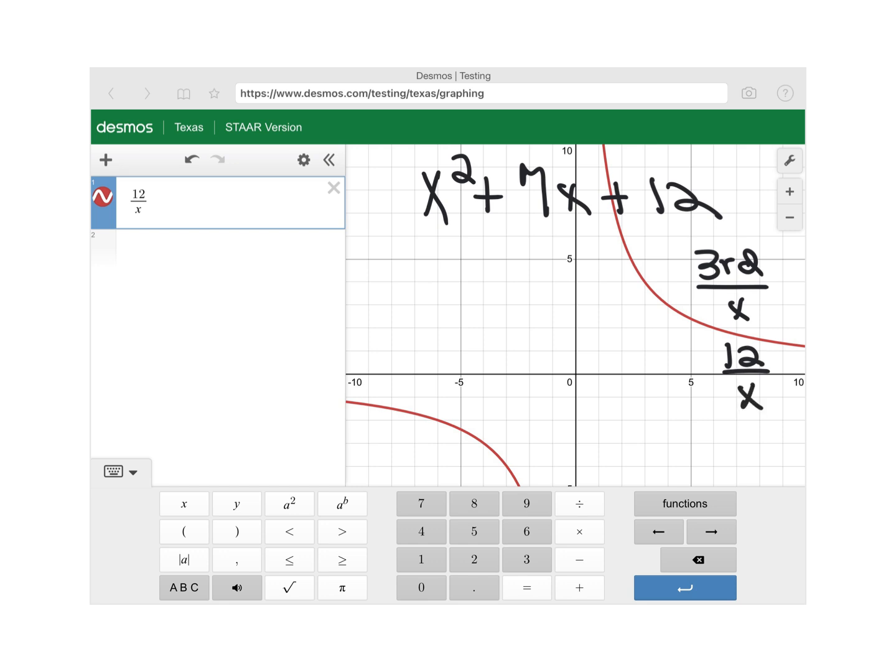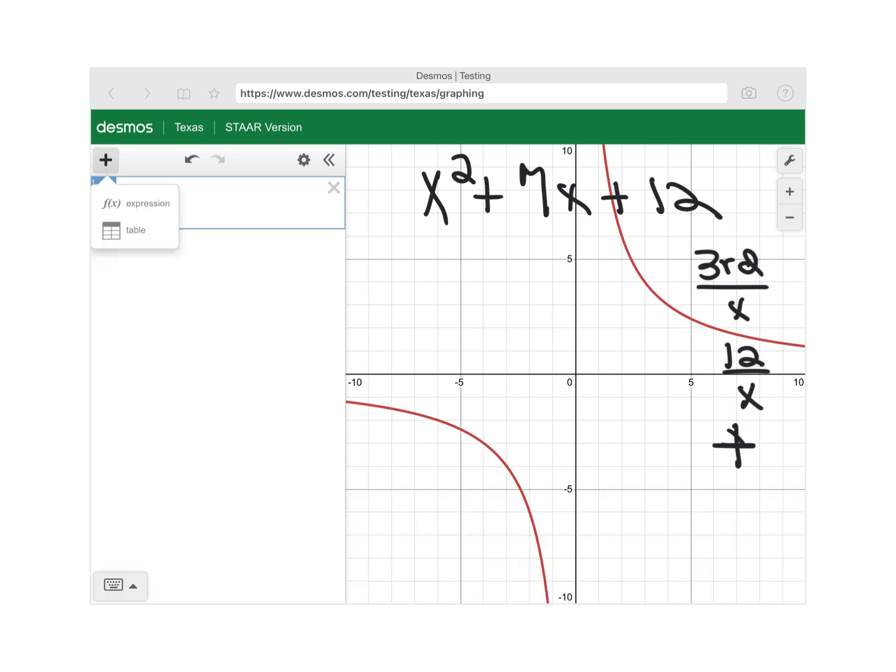Okay, at that point, once you do that, you are going to push the plus sign, and the plus sign is at the top. And when you push that plus sign, you want to choose table.